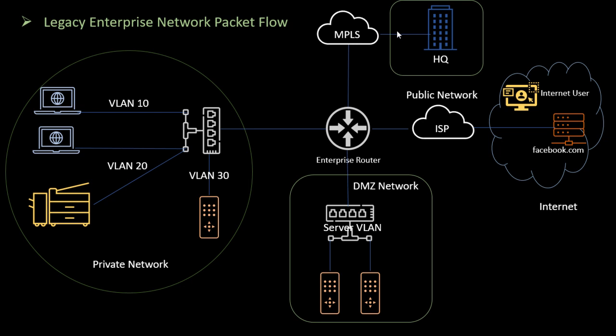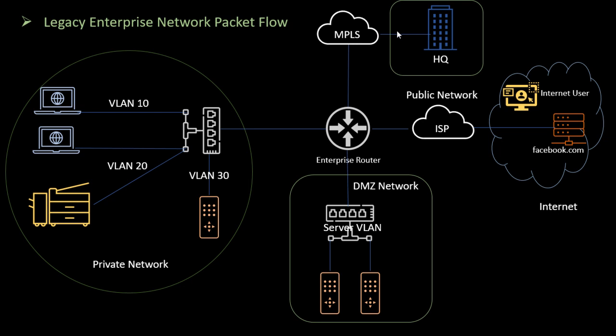Similarly, if you want to visit Facebook, you can get access through your public network. So let's see how a packet flows inside the enterprise network. Initially there will be an ARP request if you try to access facebook.com, right? Let's say this is a fresh setup, every machine is booting for the first time, so your machines will try to learn the MAC addresses.